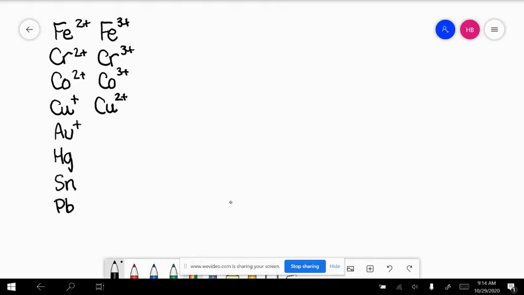Gold is part of the lowest L, and it is 3 down, so that's going to remind us that we can have +1 or +3. Mercury can be +1 or +2. I wrote it like this because +1 always comes in pairs. Now, tin and lead are in family 4, so they can be a +2 like all the rest of the metals, and a +4.